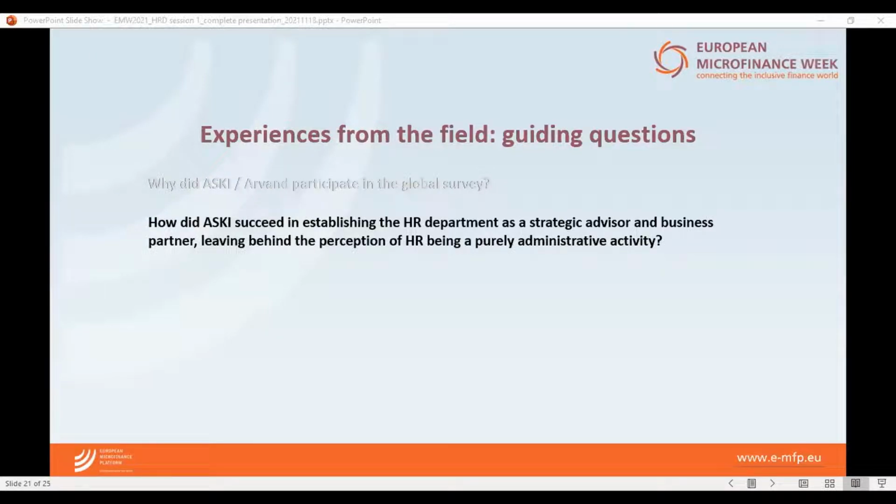Our HR department plays a very vital role in the strategic planning of the institution, and we contribute in the design and the development of having a coherent approach for all the business direction of ASKI as a financial service provider.